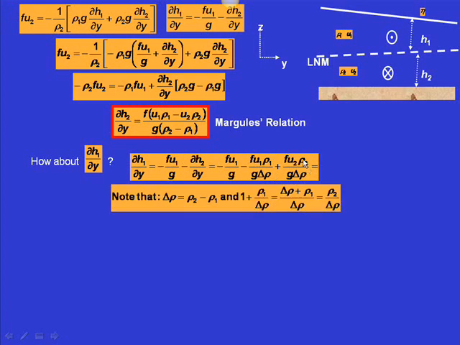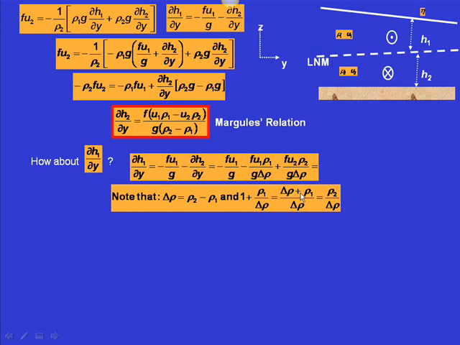So now we can simplify these two terms, but first we need to note that delta rho equals rho 2 minus rho 1. So 1 plus rho 1 over delta rho equals (delta rho plus rho 1) over delta rho, and delta rho is rho 2 minus rho 1.